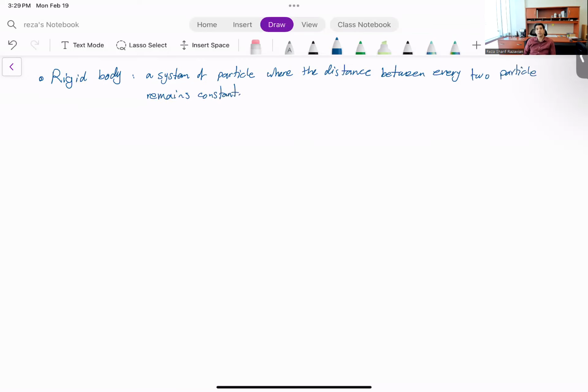So essentially particles don't move relative to each other. Yeah, that is a rigid body.